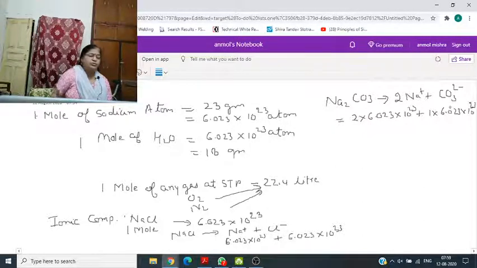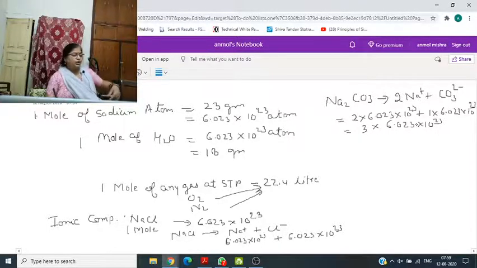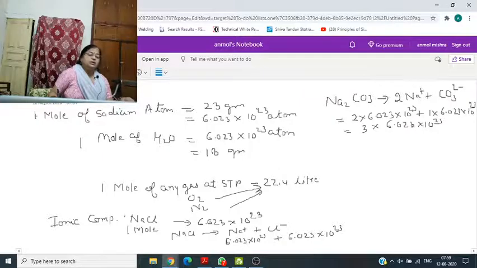So 1 mole of sodium carbonate will contain 3 into 6.023 into 10 to the power 23. So while calculating the number of moles for an ionic compound, you should know how to dissociate the ionic compound in solution.